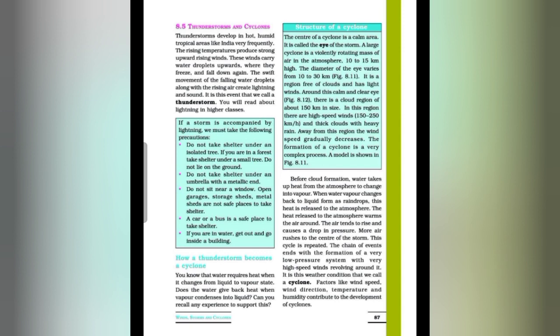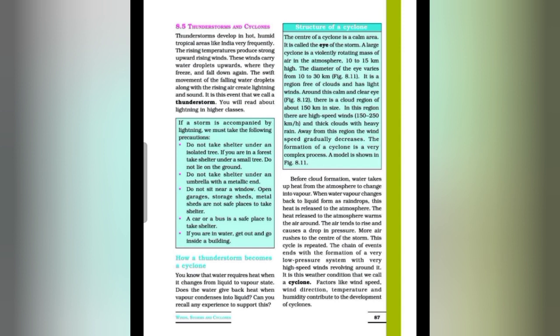The best place to take shelter is a bus or car, because when lightning strikes, the car's metal body can conduct the lightning to the earth safely without harming you or causing any damage. So these are the precautions we can take during lightning.